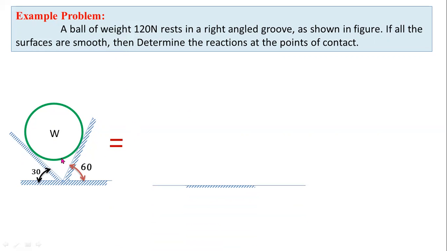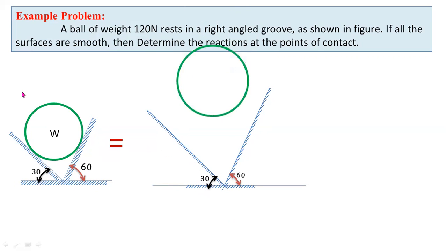First of all, you have to convert this diagram into a forces diagram. So these are the two inclined planes. The angle between these two planes is 90 degrees. That means this is a right angled groove. This one is 60 degrees, this one is 30 degrees. Total angle is 180 degrees.